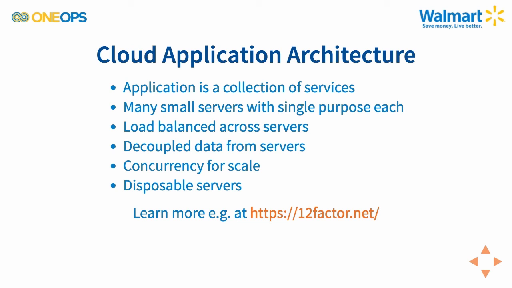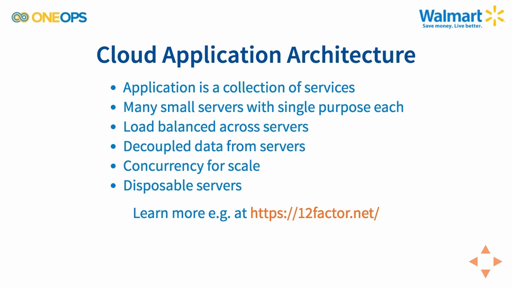So what are some of these characteristics of cloud applications? There's a lot of documentation and ideas around that, for example, at the 12factor.net website. But in general, a cloud application architecture means that there is a loose collection of services that constitute and contribute to some user interface or whatever the purpose of your application is. These small servers have a single purpose each and fulfill a small scope of functionality.